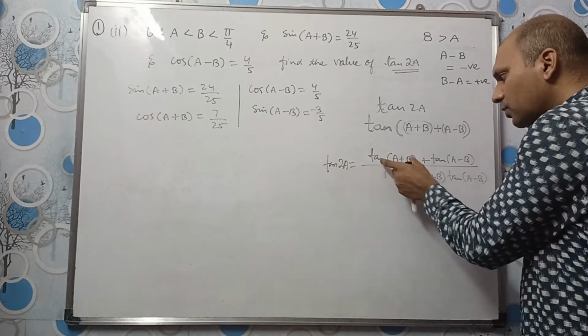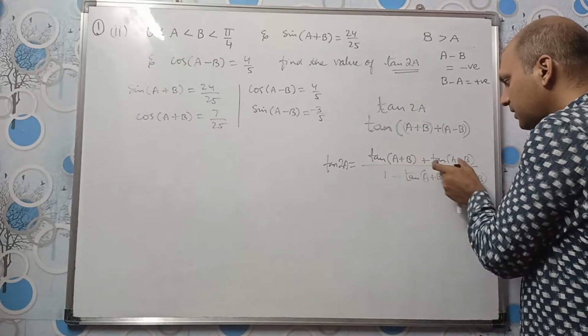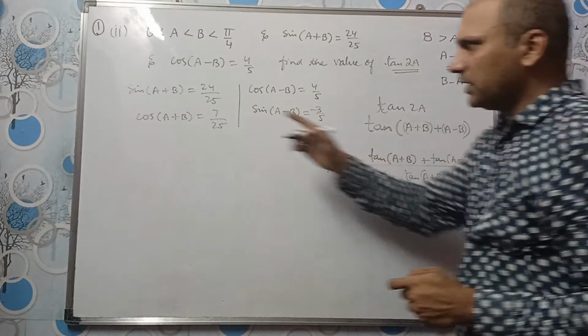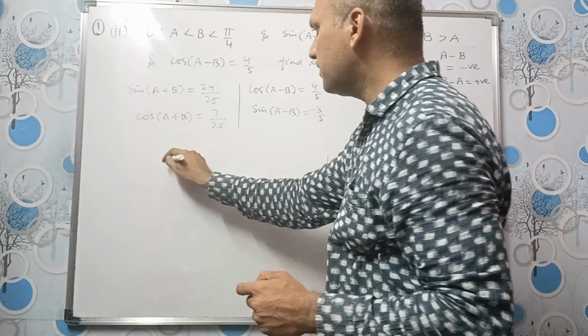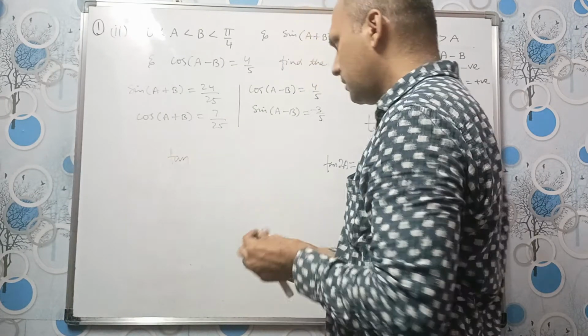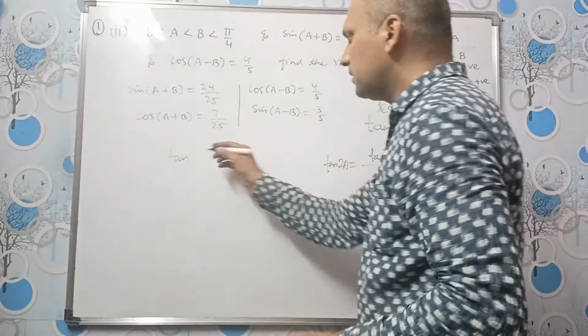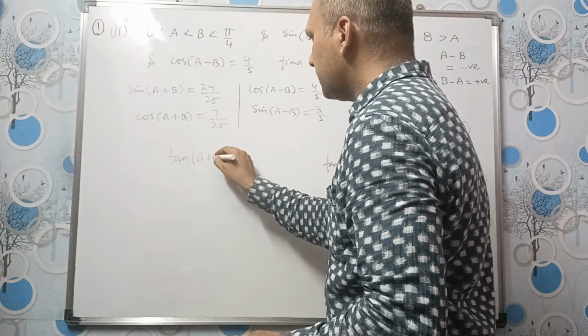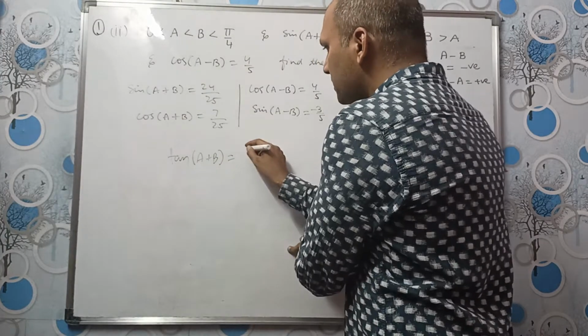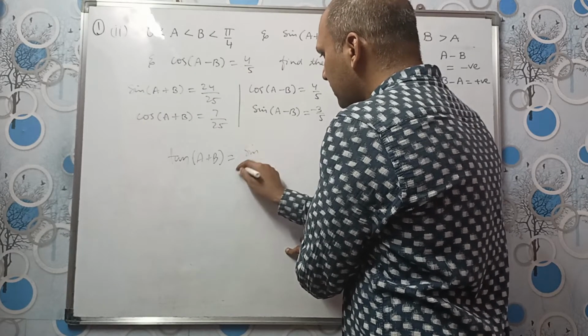To find tan 2A we need tan(A+B) and tan(A-B), right? Can we get them from here? Yes. How can we write tan(A+B)? We can write it as sin by cos.